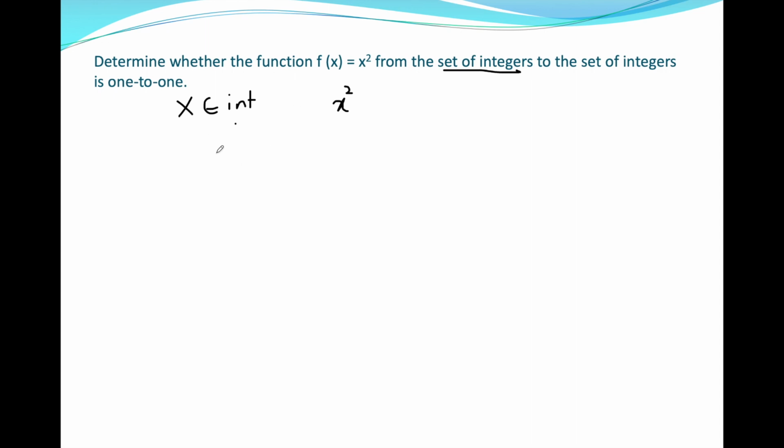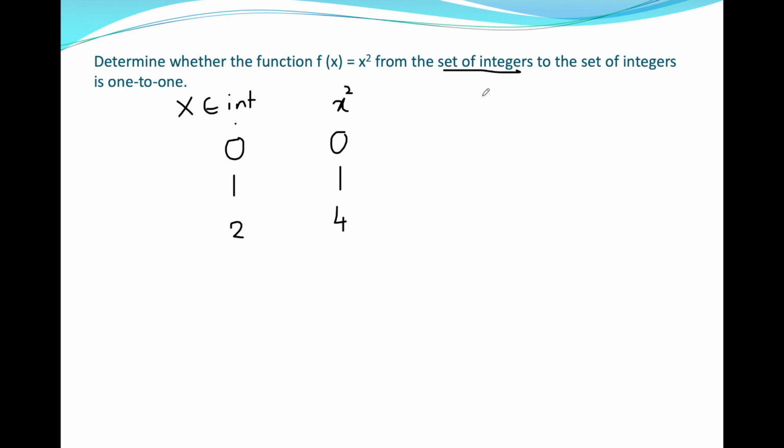So we have a set of integers. Let's say we have 0. So 0 to the power of 2 is 0, and 1 to the power of 2 is 1, and then 2 to the power of 2 is 4.